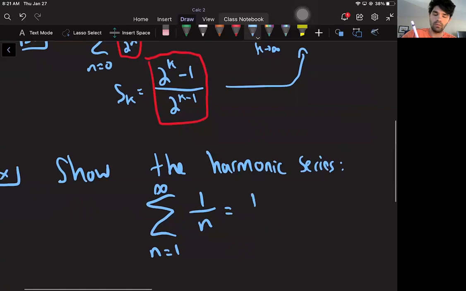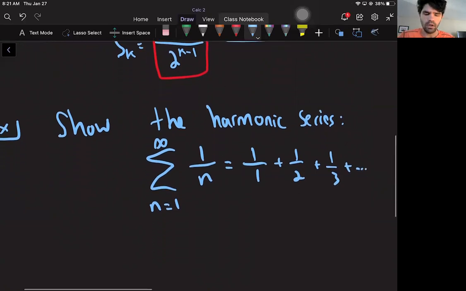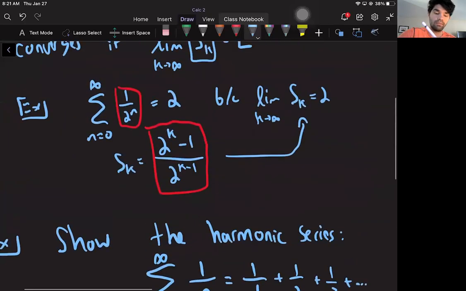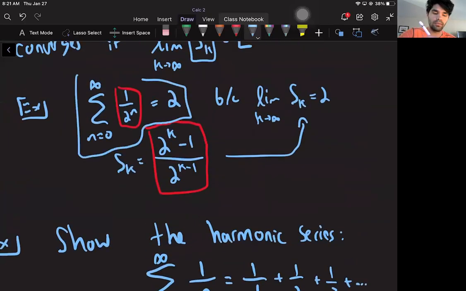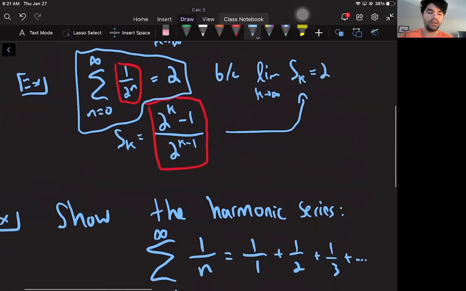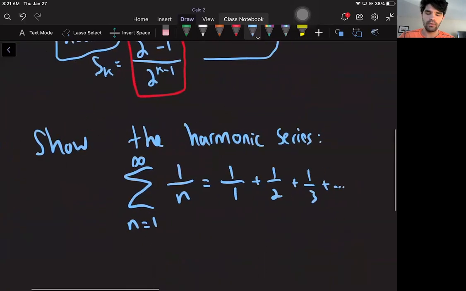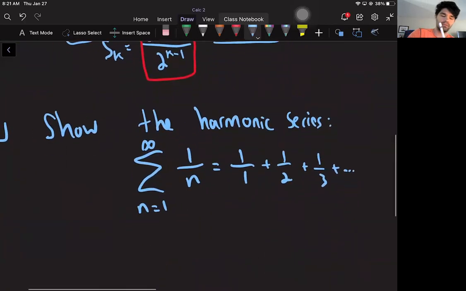It looks like 1 over 1 plus 1 over 2 plus 1 over 3 plus blah, blah, blah. So the idea is that this one converged. So it is possible to add up infinitely many things and get a finite number. This one is going to turn out to diverge. So show this guy diverges.